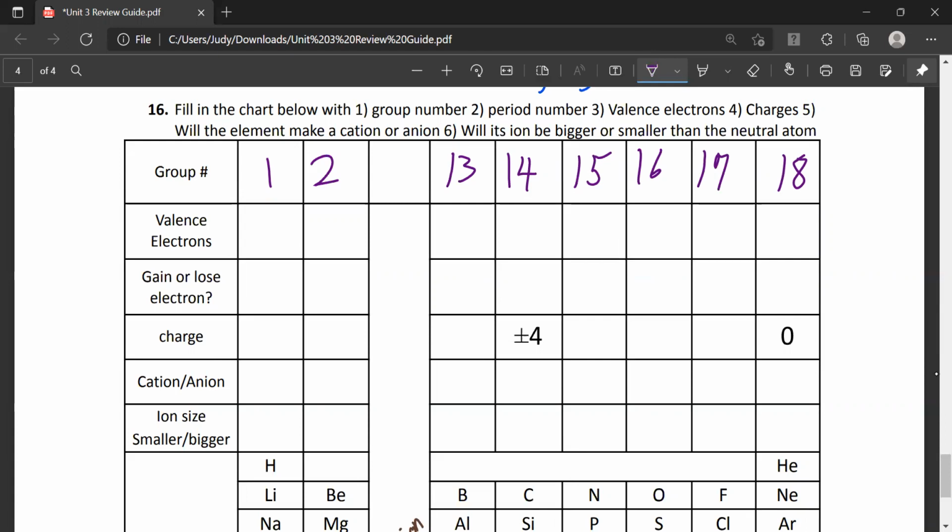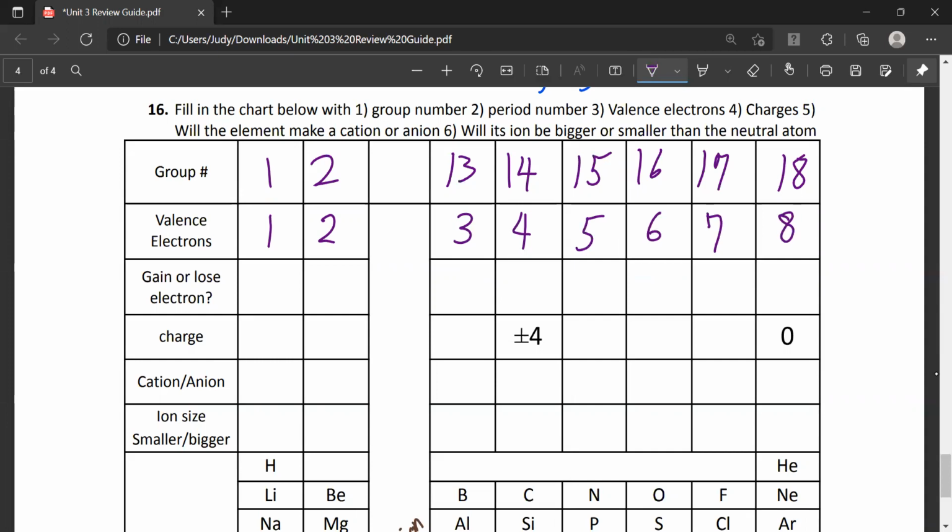The valence electrons, on the other hand, are information you can find from the flip book back when we were doing Unit 1. It should help you tremendously. For valence electrons, we start out with 1, 2, 3, 4, 5, 6, 7, and 8.